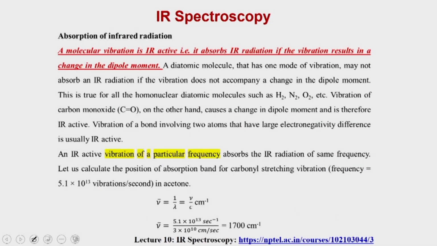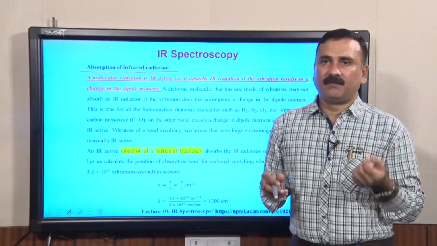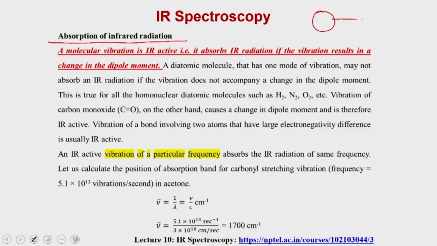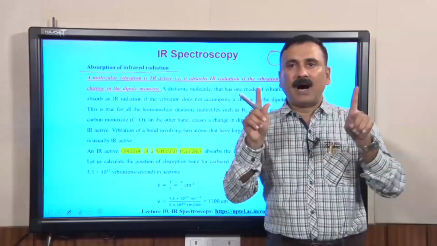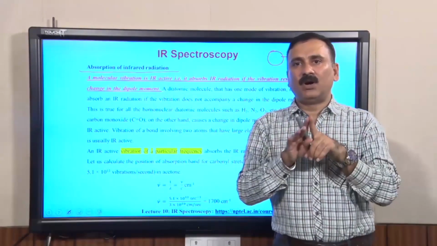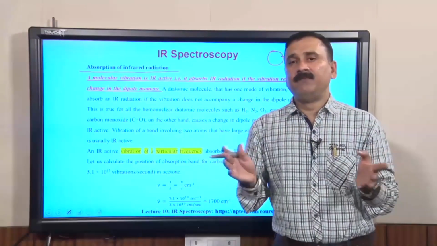What molecules are going to show the absorption of IR radiation? What is the prerequisite? The prerequisite is that you have to have a molecule where two atoms are bound by a bond.